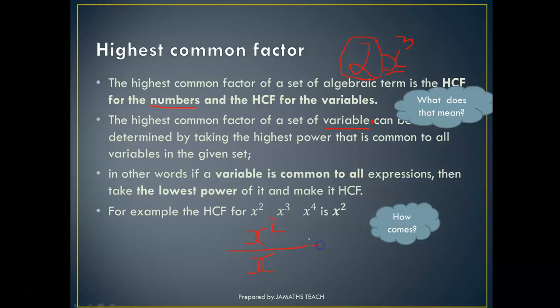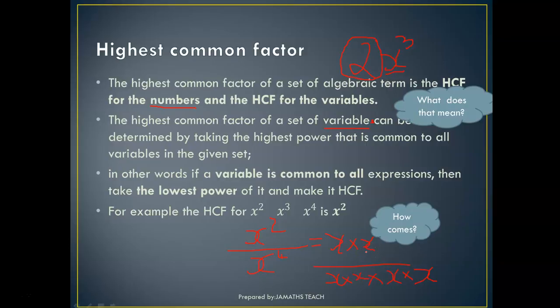If I expand this, x squared, we know it to be x times x, divided by x to the 4th, that's going to be x times x times x times x. Realize that there are more x's in the denominator than in the numerator.